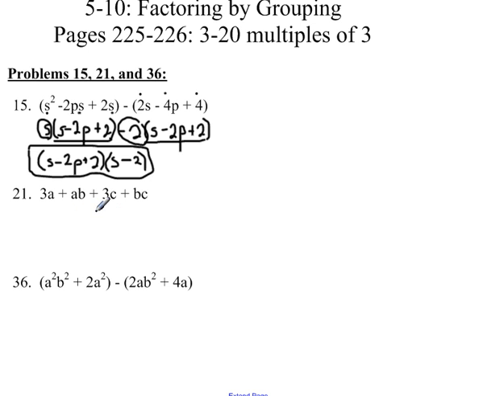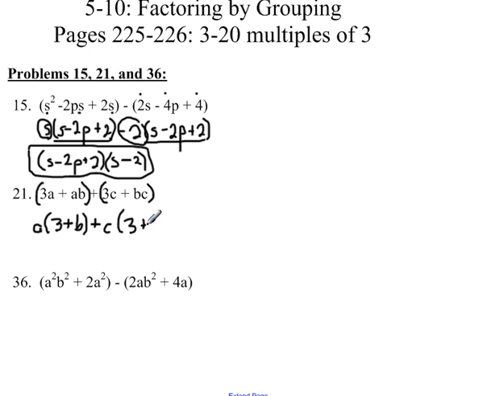Now 21, you don't have any parentheses there, but it's the same basic format. If I pull out an a in the first set, what I'm left with is 3 plus b. And what I'm hoping for is that when I pull out common factors of the second set, which I have a c in common on both of those, I'll have the exact same thing in my parentheses, which I do.